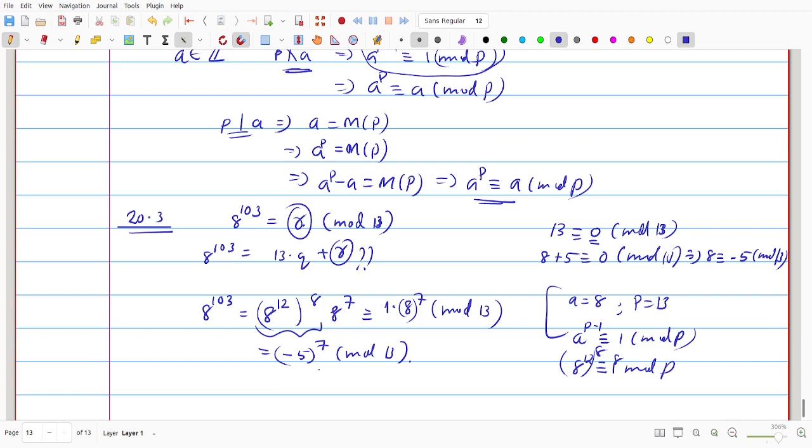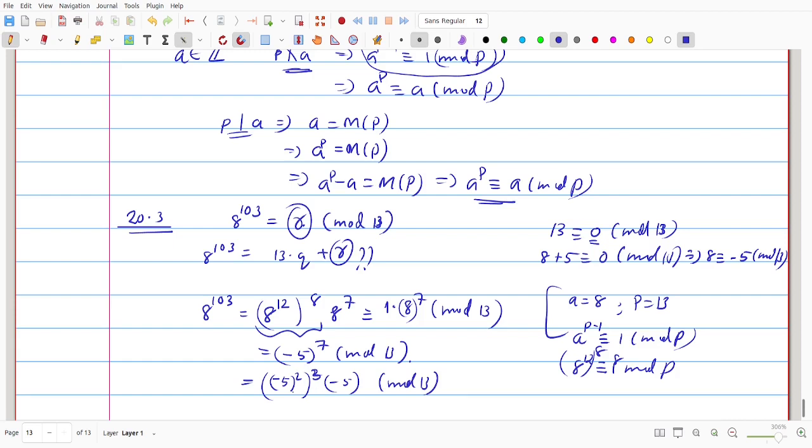Next we need to show that minus 5 raised to 7 is congruent to, how will you write, minus 5 square whole raised to 2, this is minus 5 raised to 4, then minus 5 raised to 3, this is minus 5 raised to 6 into minus 5 mod 13.